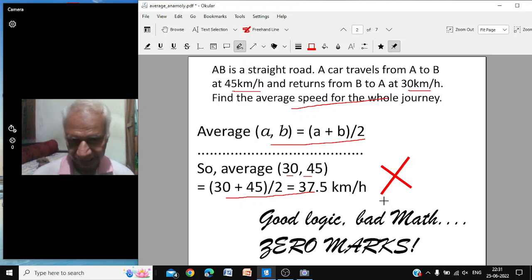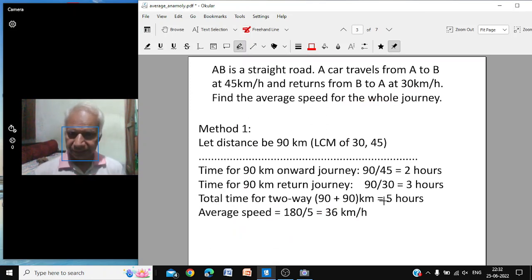You can't be taking average simply by adding 30 and 45, getting 75 and dividing by 2. There are three methods, not one. The first method, which probably is the simplest, let the distance be 90 kilometer.